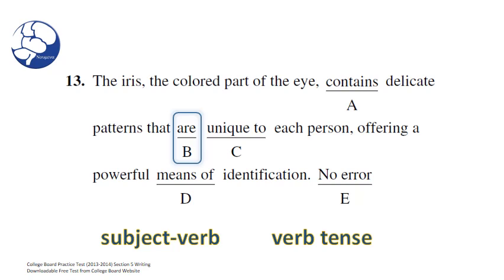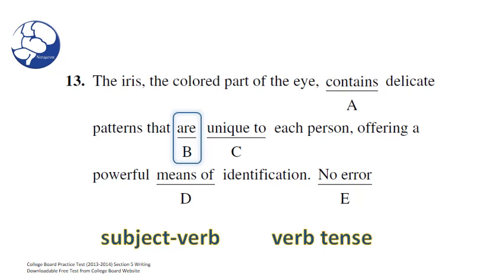We did a quick scan, and it doesn't look like there's going to be an error for verb form here. So let's go back and look at the two that we have: subject-verb and verb tense. We have a plural verb, are. What's the noun or the subject that connects with this verb here? It's not the iris. The verb that matches with iris, which we already passed, was contains. But I see patterns, or in that. I'm a little confused here. What's the noun here? Well, the subject of the verb are is technically patterns.